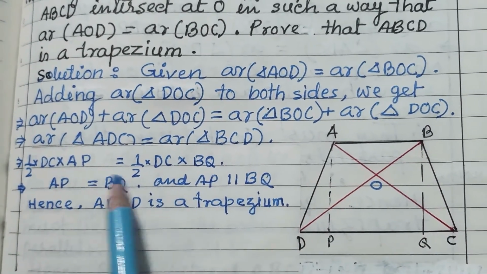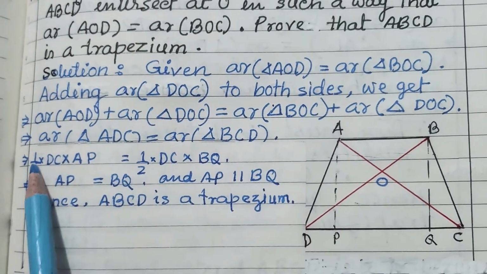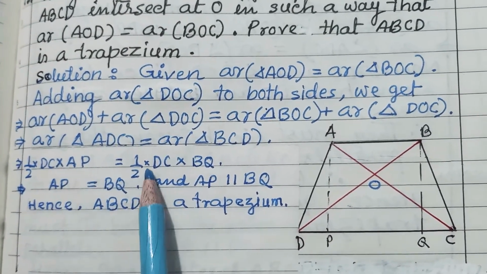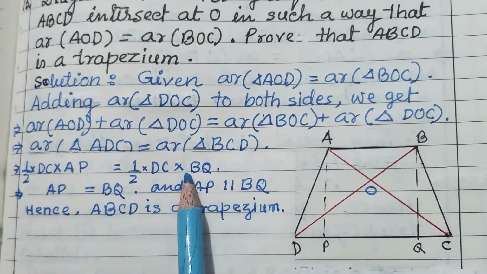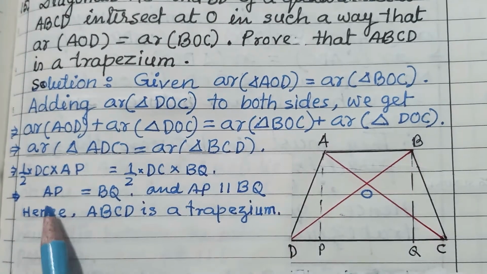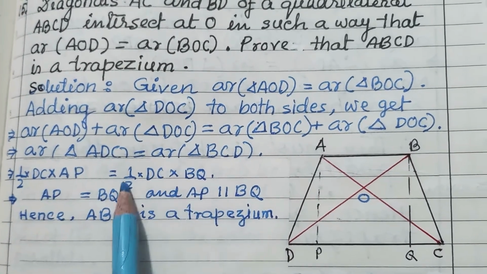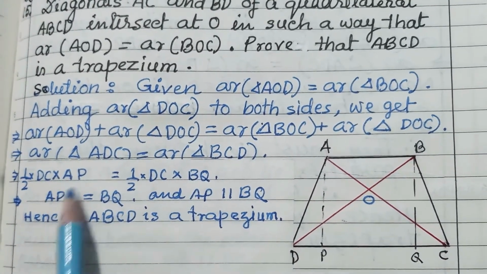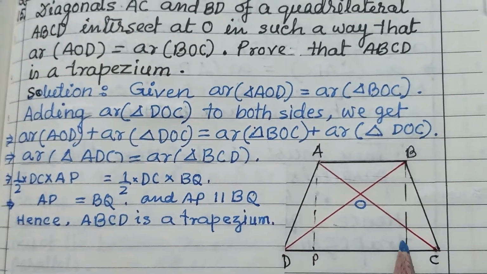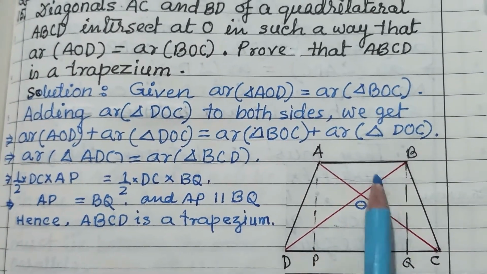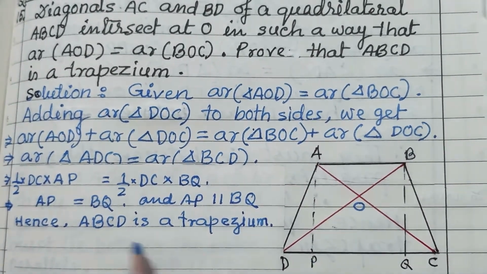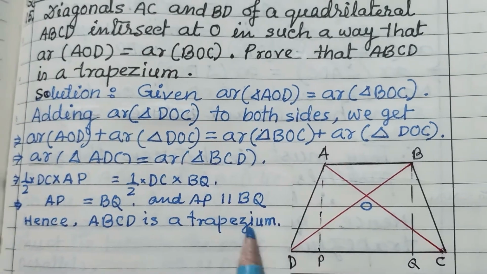So if these are perpendicular, the area is half DC into AP and half DC into BQ. Now half DC will cancel, so AP is equal to BQ, and these two are perpendicular, meaning it is 90 degrees, it is a quadrilateral. So we can say these two lines are parallel, so ABCD is a trapezium.